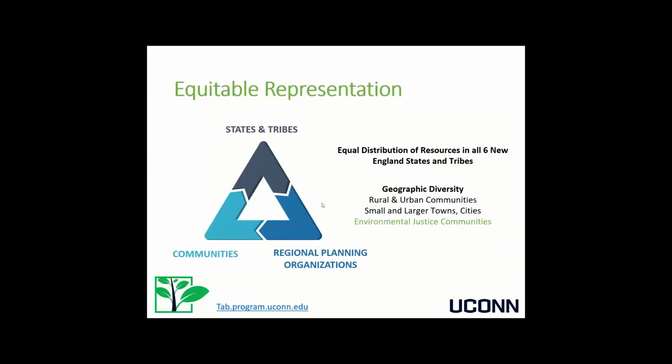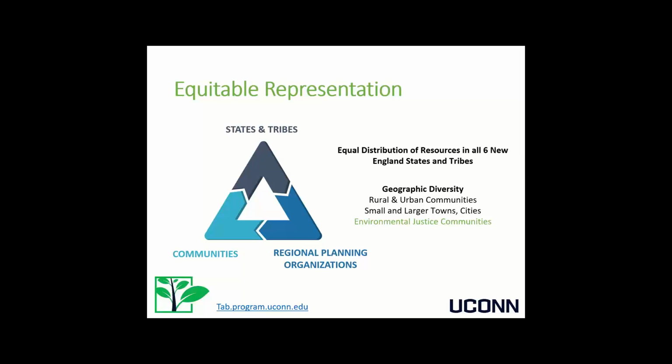We work basically with all different kinds of entities, from municipalities, regional planning organizations, states and tribes, but we can also work directly with the community, like engaging citizens in neighborhoods.